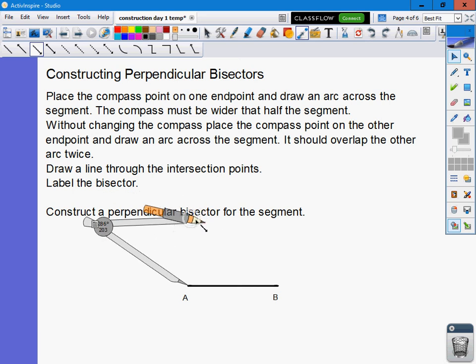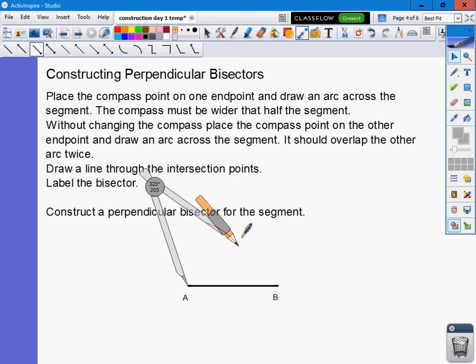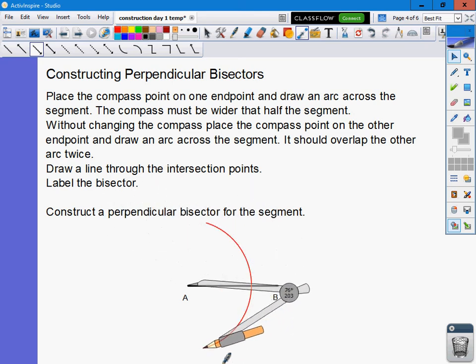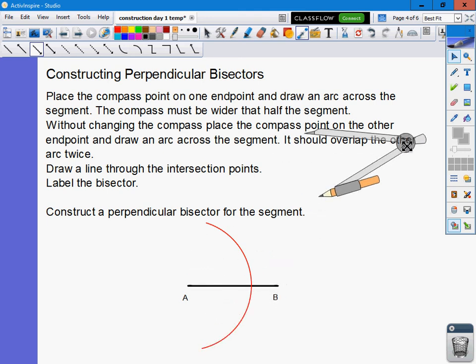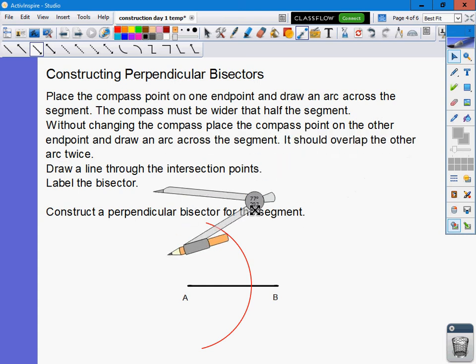Then make an arc so that it goes above the segment and below the segment. Almost looks like a half circle. Everybody see it? Don't change the compass.